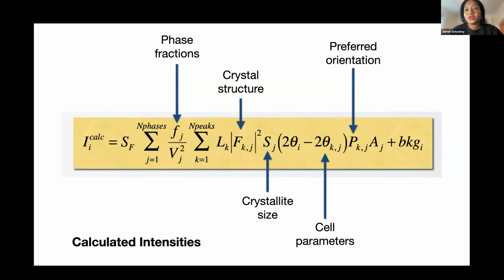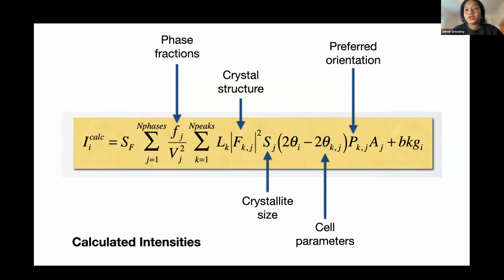But usually we don't have these large crystals, and physics says there's a little more uncertainty, so we get broadened peaks. So crystallite size impacts that. Then you have preferred orientation, which is when the crystals are not randomly oriented. And then there are the phase fractions. So we have to model all these things individually to get the calculated intensity at each point.